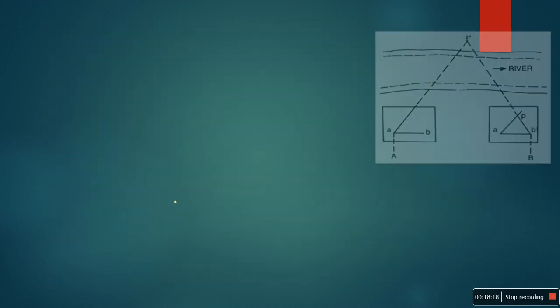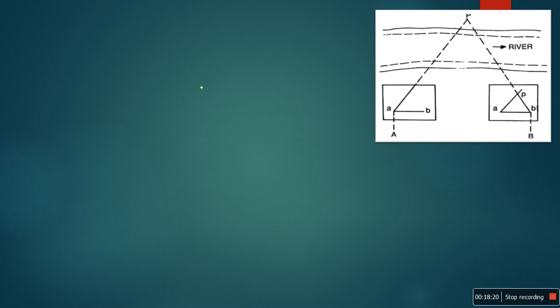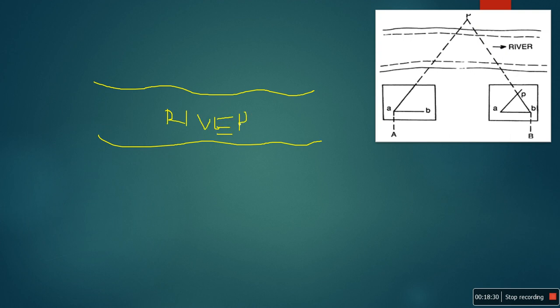Okay, the procedure is simple. So this is the river, this is the P point, this is the A point, and this one is the B point.